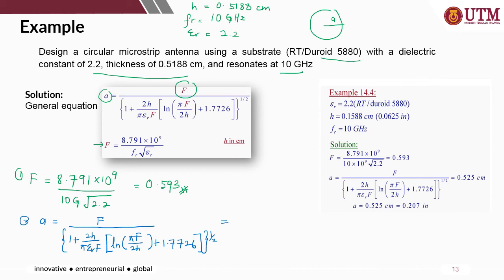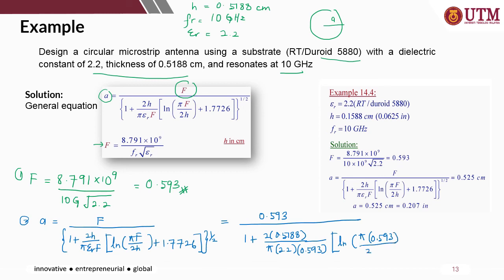Now let's include the values. We have a equal to 0.593 divided by the square root of 1 plus 2 times h, where h is 0.5188, divided by pi times epsilon r, 2.2, times F, which is 0.593, times ln of pi times F, 0.593, divided by 2h, where h is 0.5188, plus 1.7726.